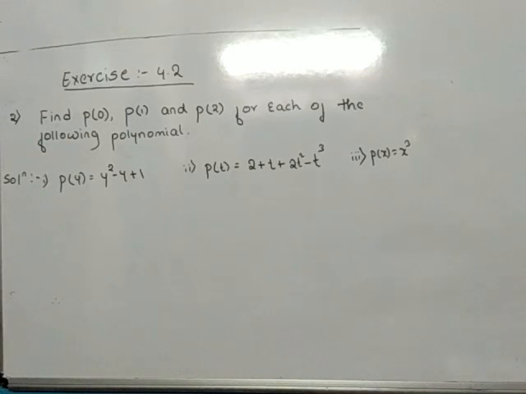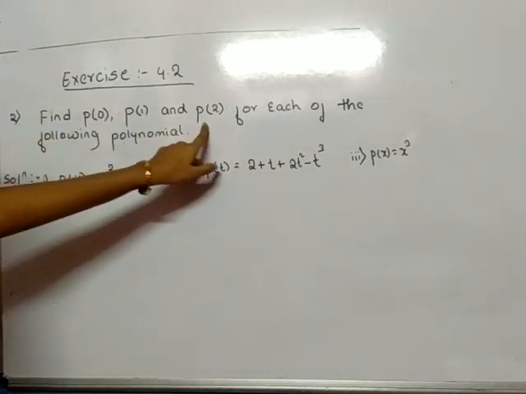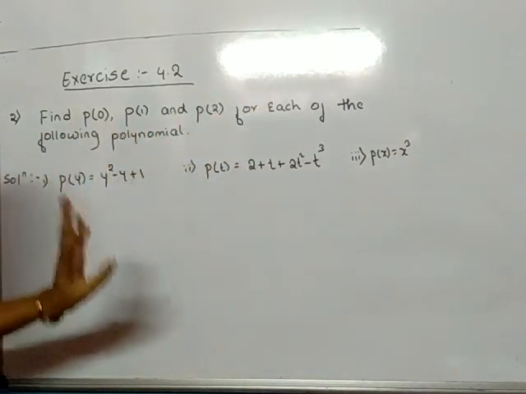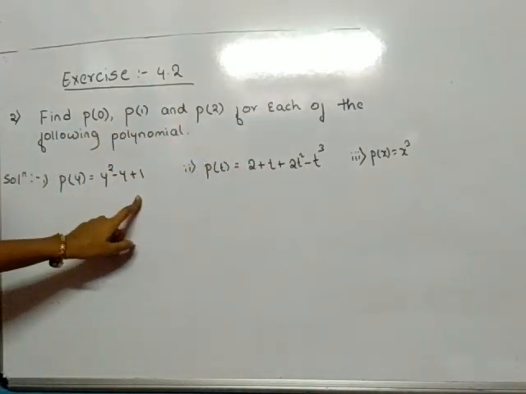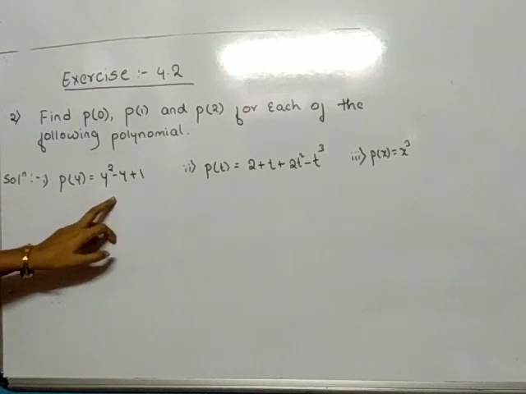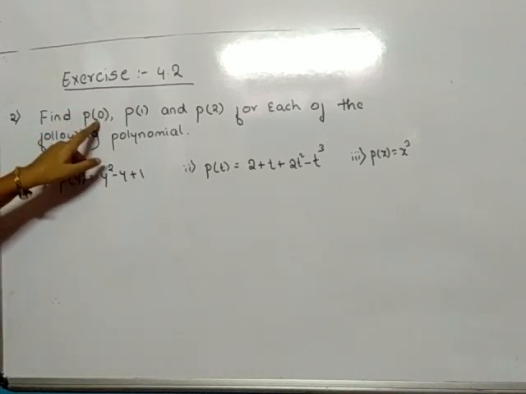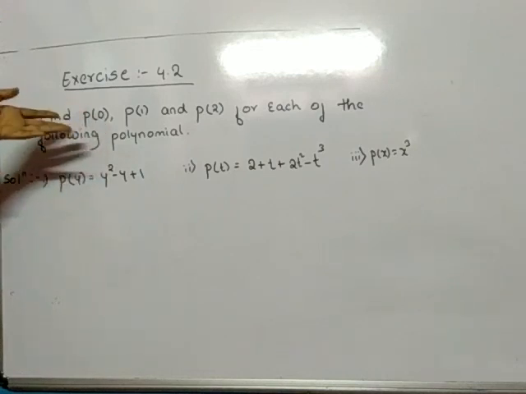Second one: find P of 0, P of 1 and P of 2 for each of the following polynomials. Here they have given polynomials. In these polynomials, the variable may be x or y or t, any variable.